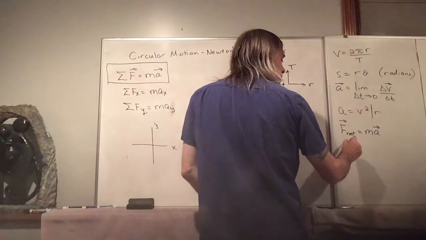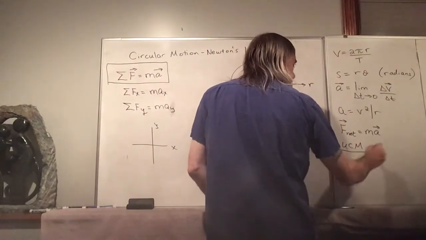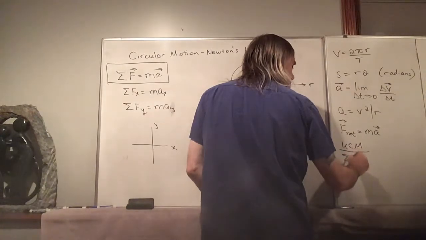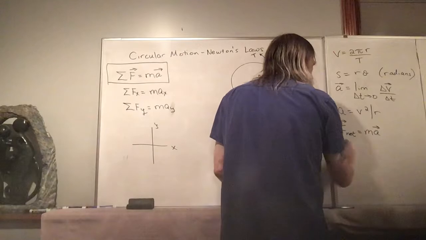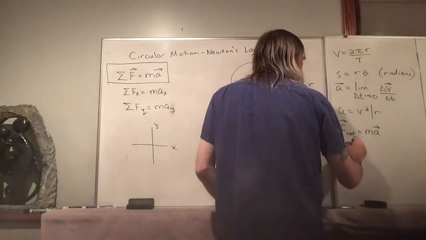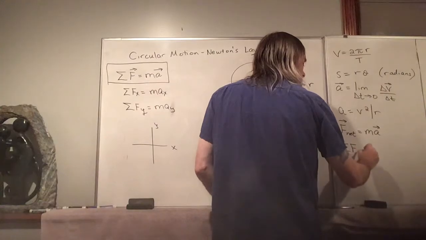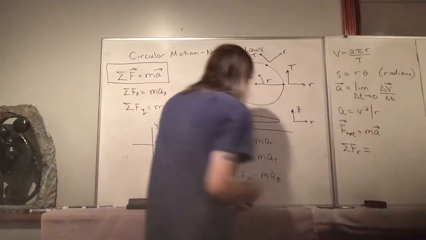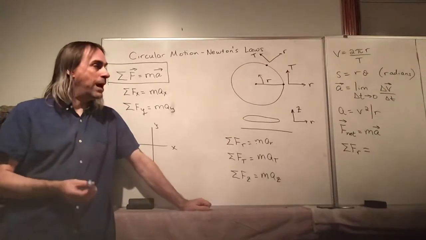Now, for a moment, let's just stick to circular motion in general. What we have is the net force in the radial direction, that'd be mass times acceleration in the radial direction.